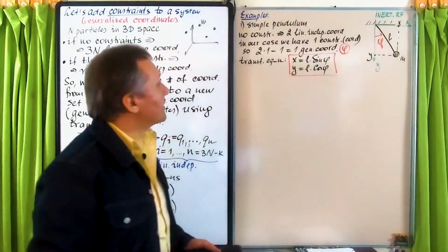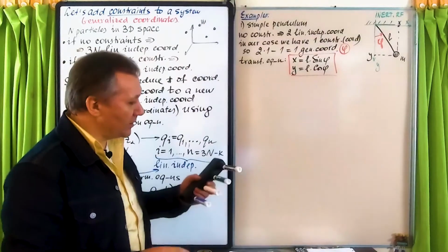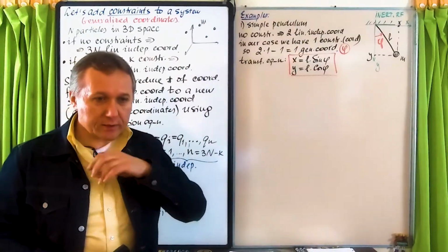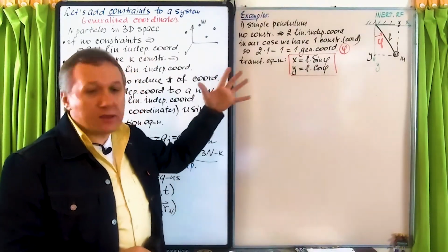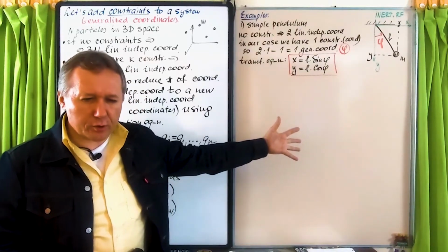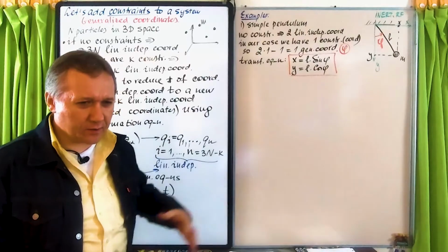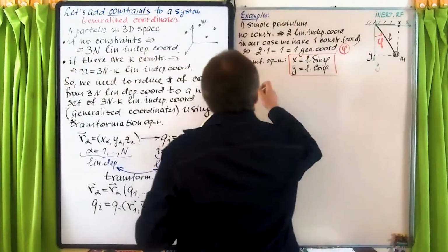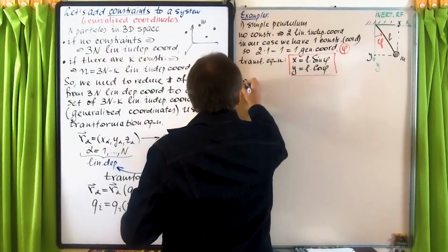Now, next example. First, I thought about skipping it, and then I decided, okay, let's discuss it also. A double pendulum. It's a very straightforward problem, but usually so tedious and lengthy. So the second example, double pendulum.